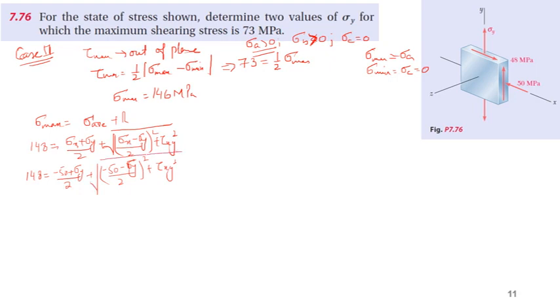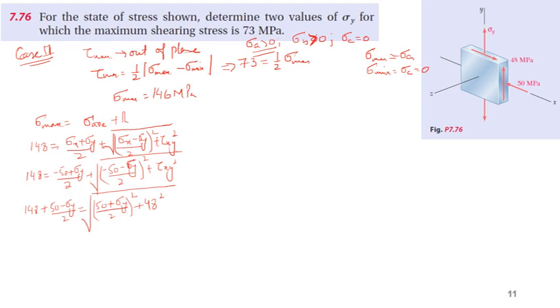Okay, now I can rearrange: 148 plus 50 minus sigma y divided by 2 is equal to, I can take the negative sign out, 50 plus sigma y divided by 2 whole square, under root, plus 48 square.